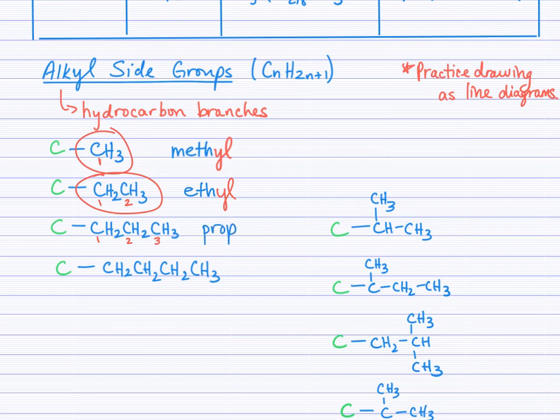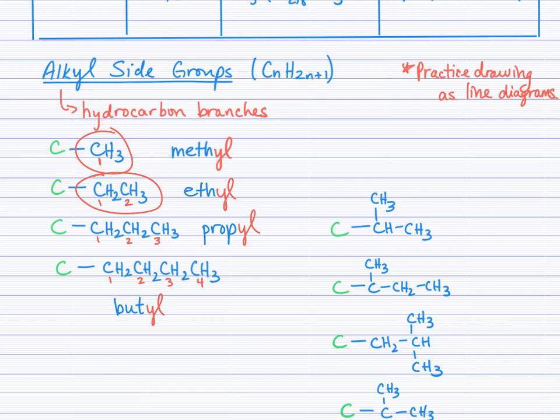Monkeys eat peeled. P stands for prop. Hopefully you thought propyl. And the last one I have here, a 4 carbon side group. Monkeys eat peeled bananas. B standing for but. And YL because, again, this would be a side group.